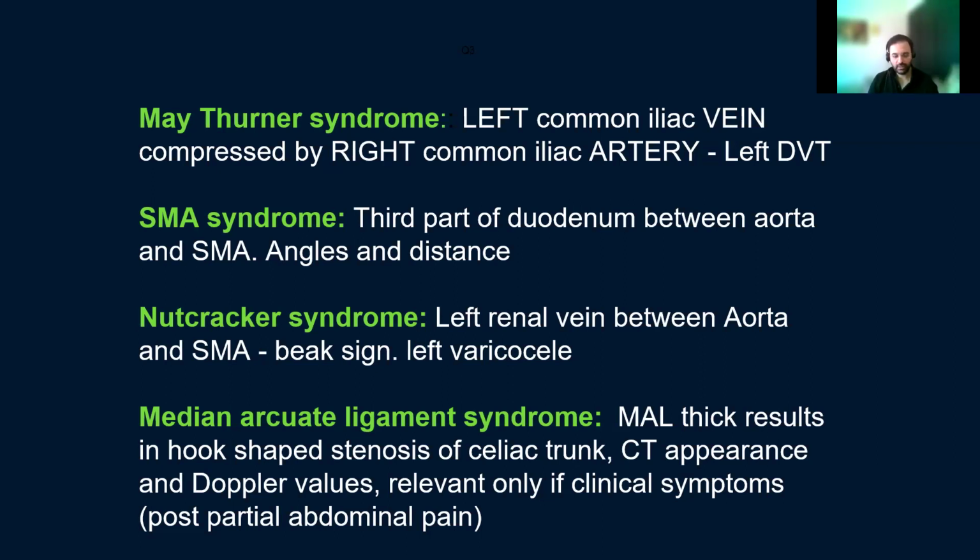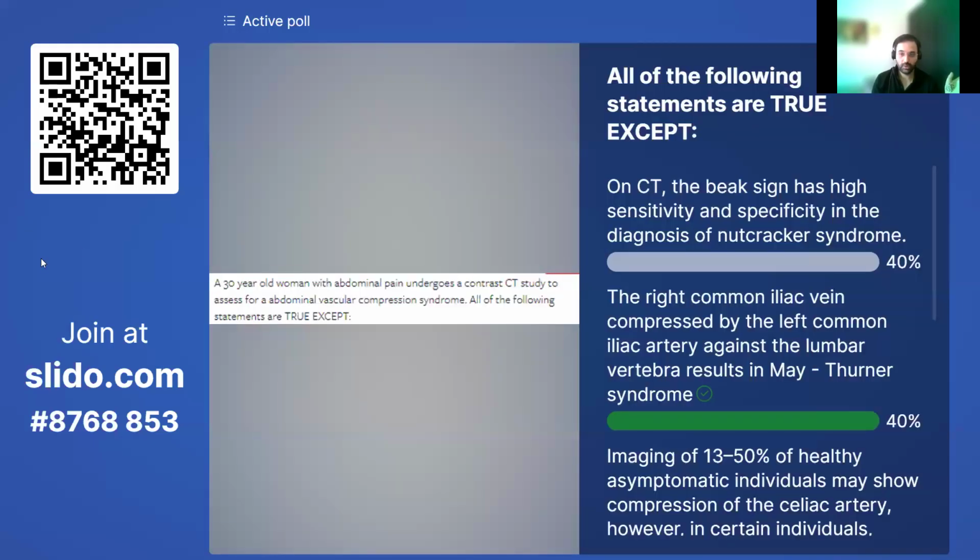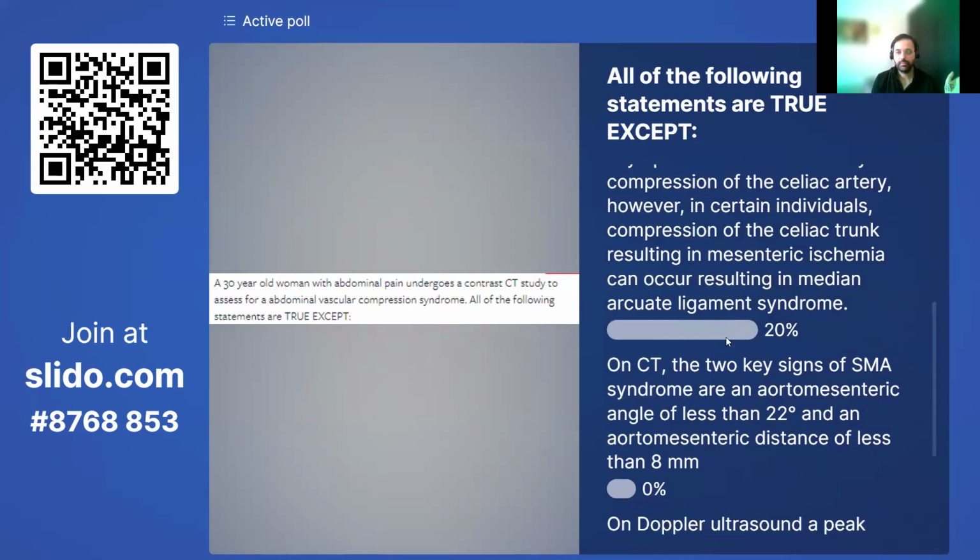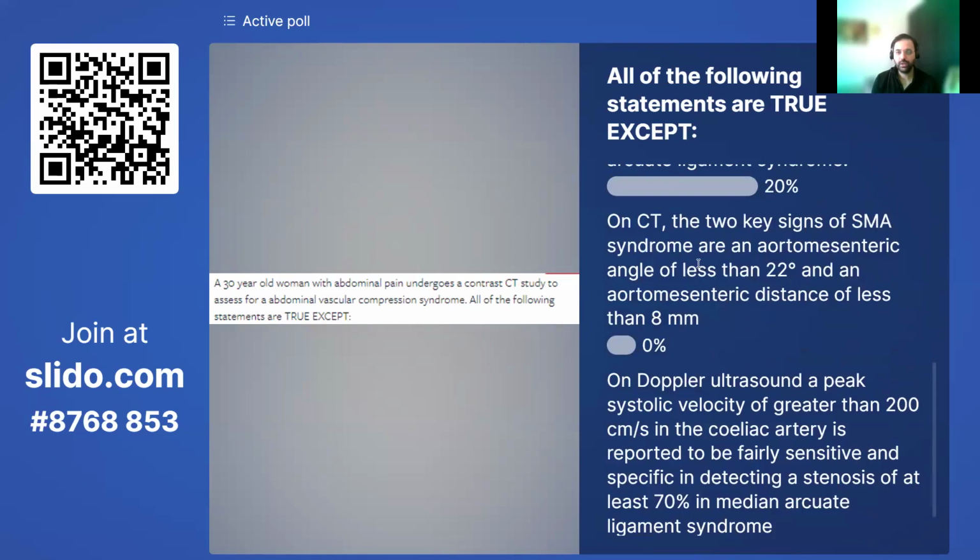These are the angles you might want to know, which are also mentioned here. Let me scroll that up if I can. Okay, yeah. So an angle of less than 22 degrees and a distance of less than 8 millimeters is what defines SMA syndrome.